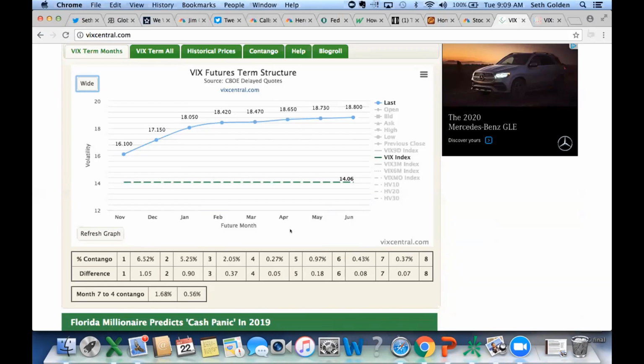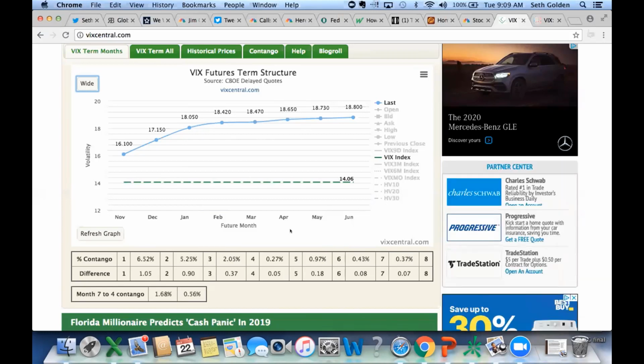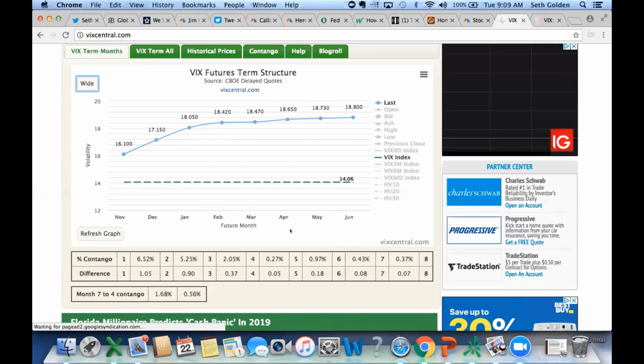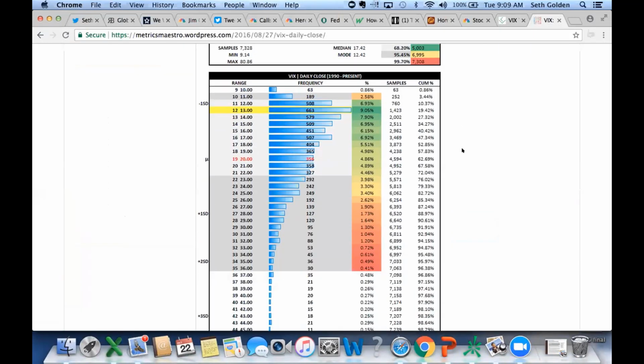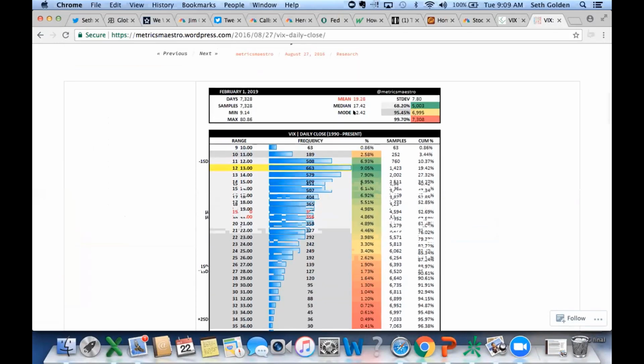It spends the majority of its time in and around 12 and a half. So it'll spend a good deal of time around 13 and 12, a little bit less in 11. We can look at the history here, and we can see the historic mode is 12.42.